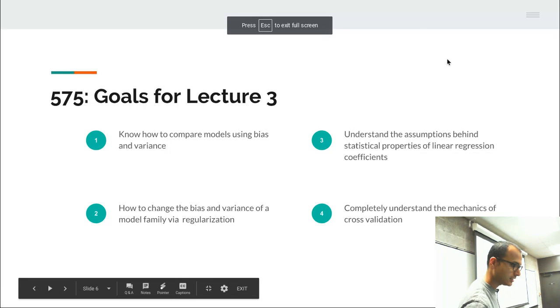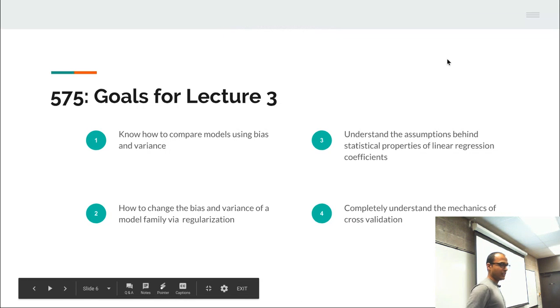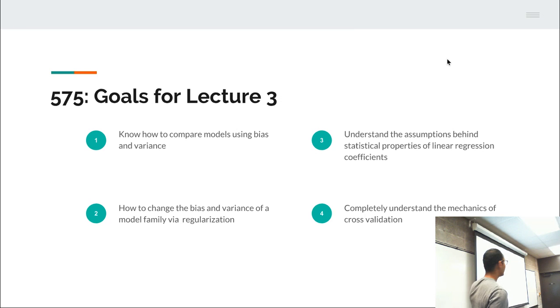I'll tell you today's goals and again revisit where we are heading. It looks like, at this point, since it's the third lecture, many of you may be thinking, I'm learning A, B, C, and D, but I don't know how they're connected to each other or to the larger picture. So I'm going to spend some time on that. But before that, let me clear what the goals of this lecture are.